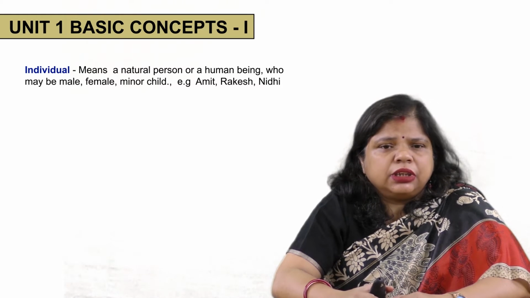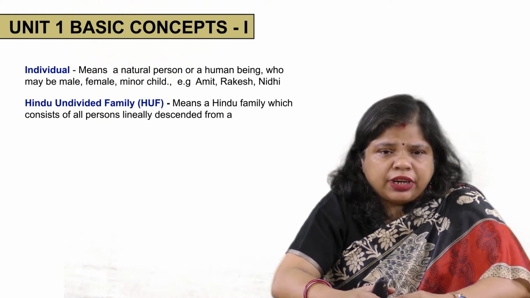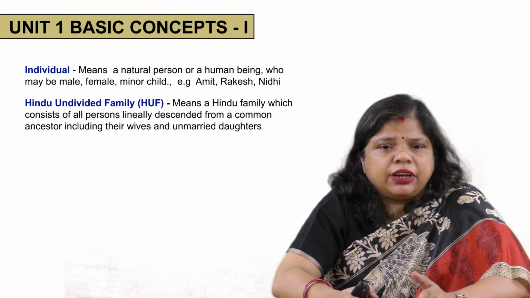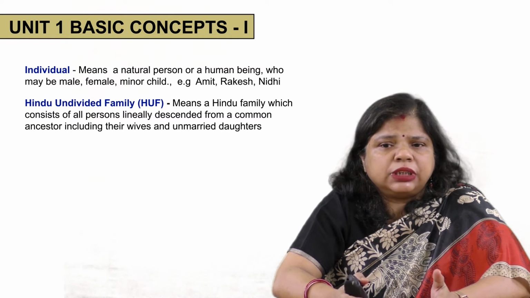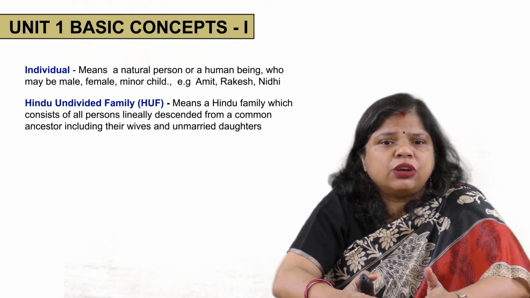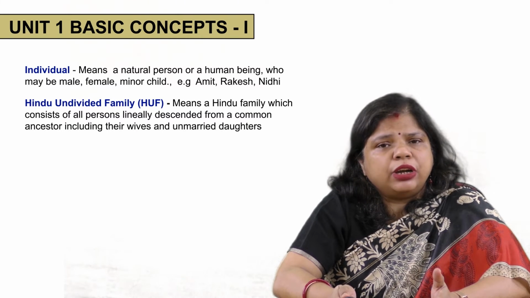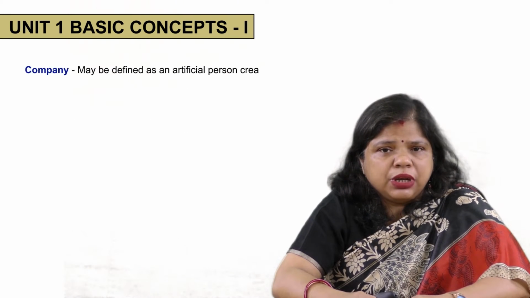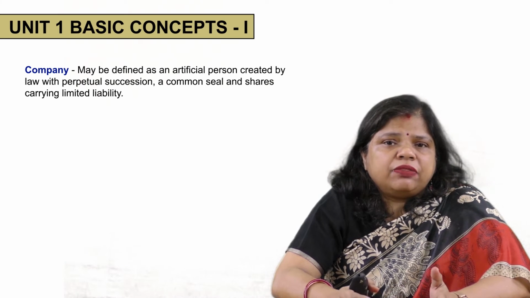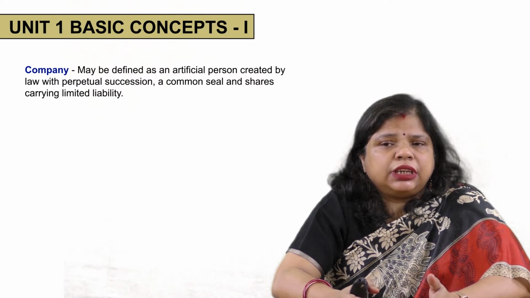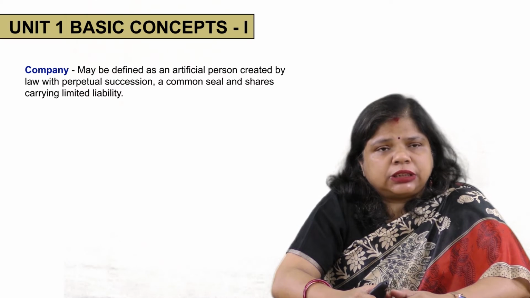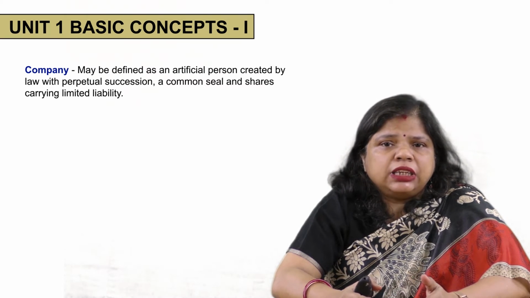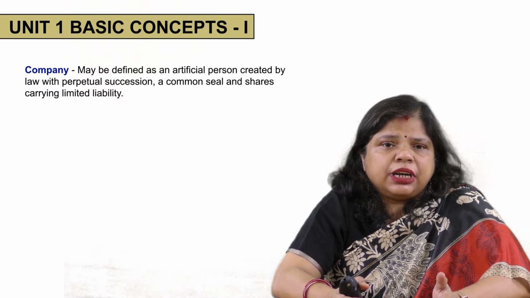Second is Hindu undivided family, which consists of all persons lineally descended from a common ancestor, including their wives and unmarried daughters. Company may be defined as an artificial person created by law with perpetual succession, a common seal, and shares carrying limited liability.